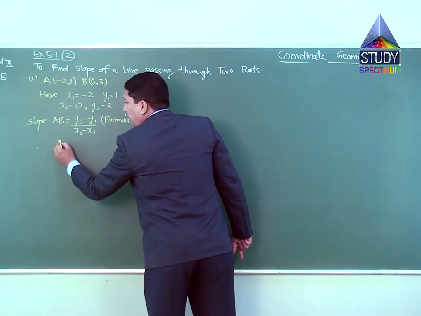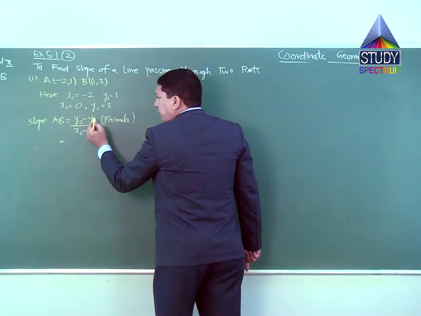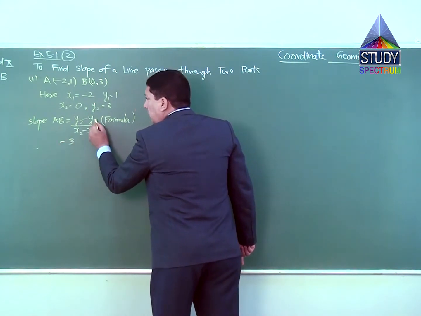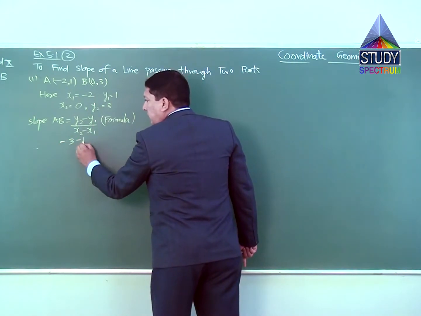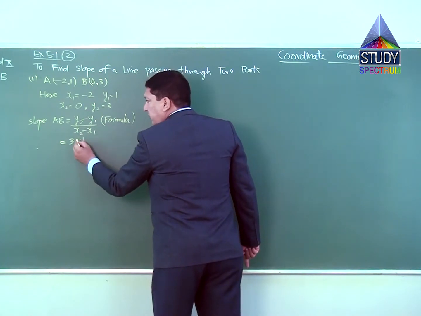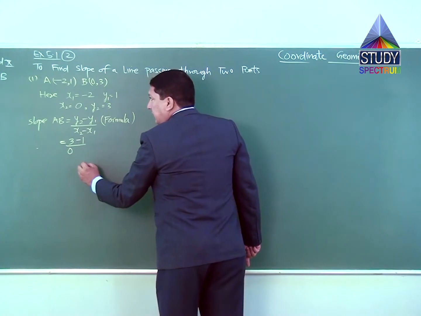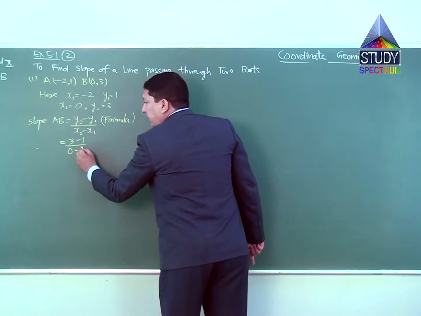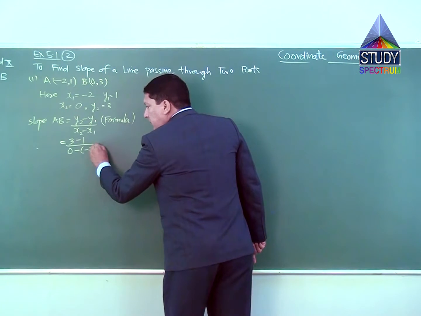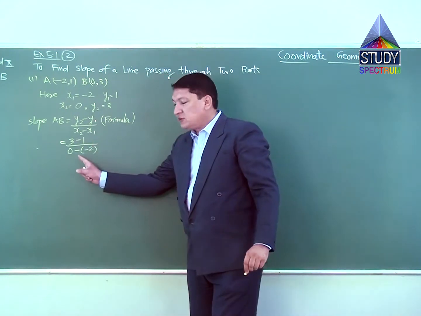Therefore, we can write, instead of y2 I can write 3, y1 I can write 1, so minus sign is there. x2 is 0, x1 is -2, so minus of -2. Why did we get this minus of -2?